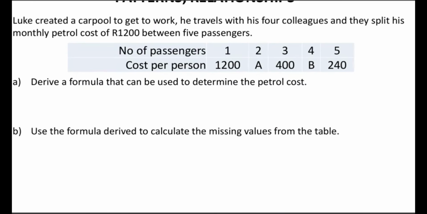So derive a formula that can be used to determine the petrol cost. Now, if only one person pays, they pay 1,200, and if there are more, it is shared. So the formula is going to be 1,200 divided by the number of what? Passengers.